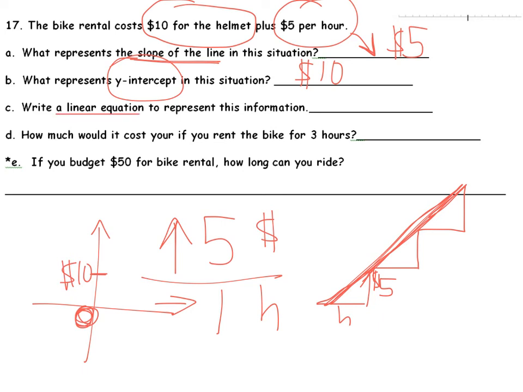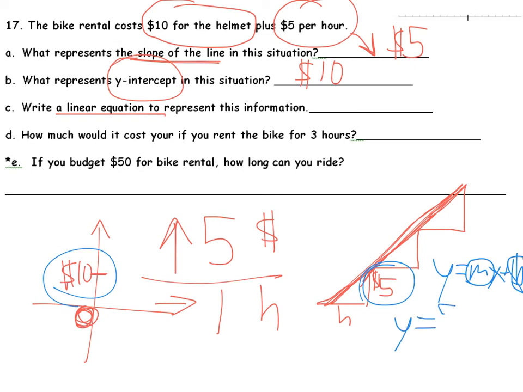So what is a linear equation? A linear equation is y equals mx plus b. My slope, we figured out, was 5, and the y-intercept, we figured out, was 10. So my equation is going to be y equals 5x plus 10.